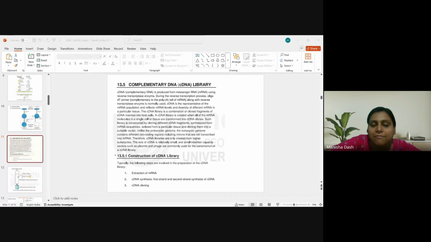Like if this is the location of the palindromic sequence, exactly maybe after 20 base pairs or 30 base pairs or something like that, the restriction endonuclease will cut. So it is predefined, the sequence is already located, you are just exploiting it for your purpose.